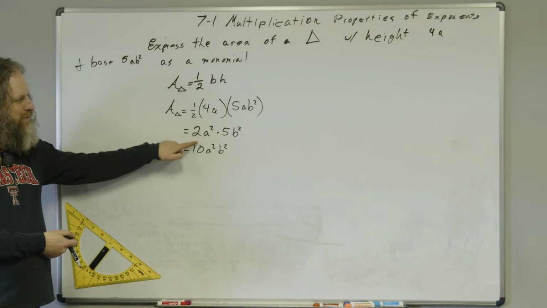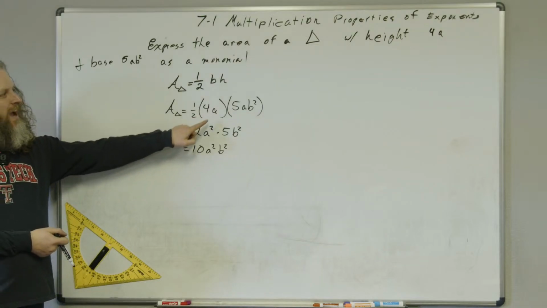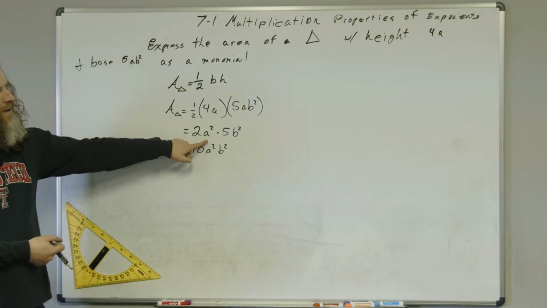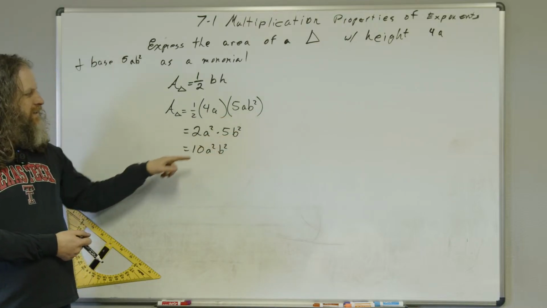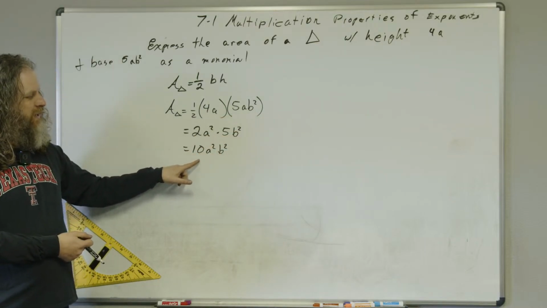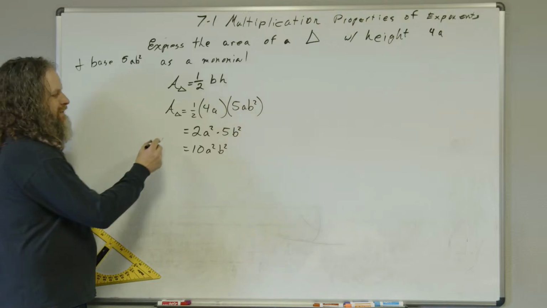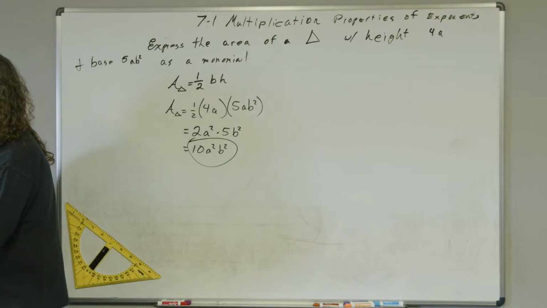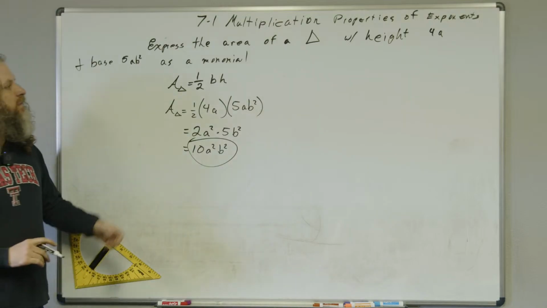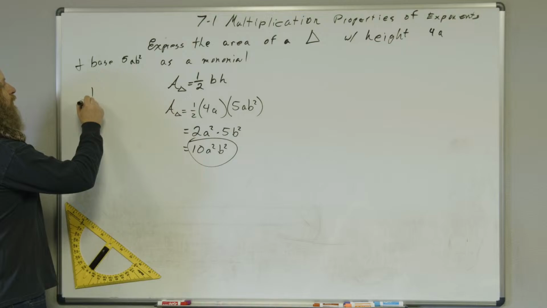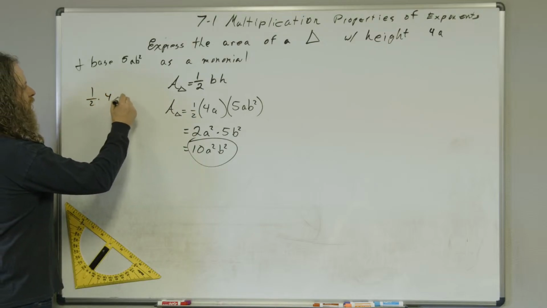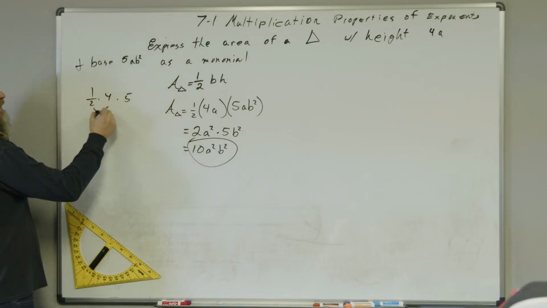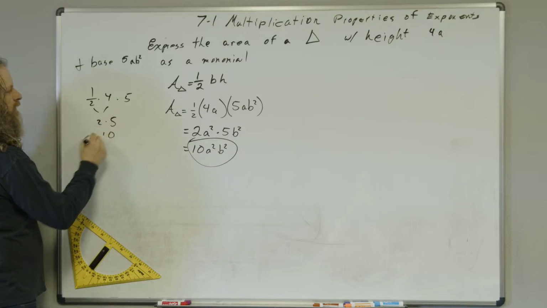Half times 4 is 2. A times A is A squared. 2 times 5 is 10. But I thought half was on both of them. It is. But when you multiply numbers, 1/2 times 4 times 5, you can do it one at a time. 2 times 5 is 10.